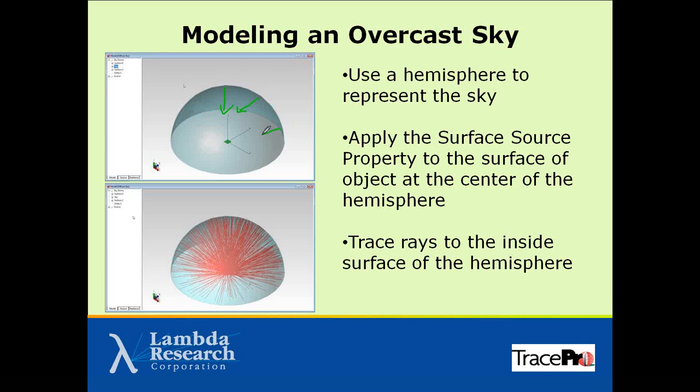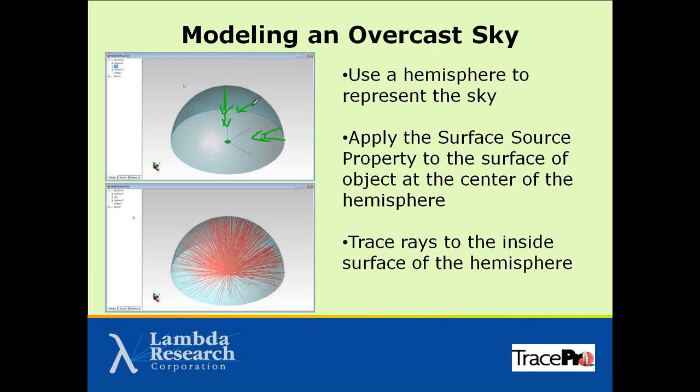So it's coming in from the hemisphere, so it's going to act like the sky. The emission from here is going to vary. The highest values were here at the zenith, the lowest values were here at the horizons. So we've now actually created a spatially varying light source in TracePro.